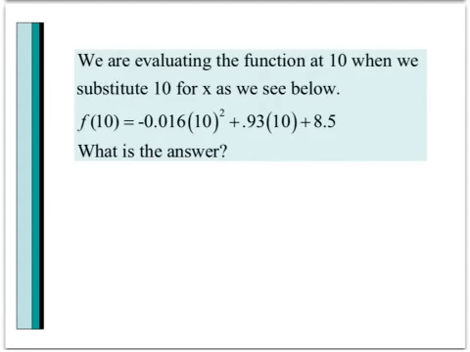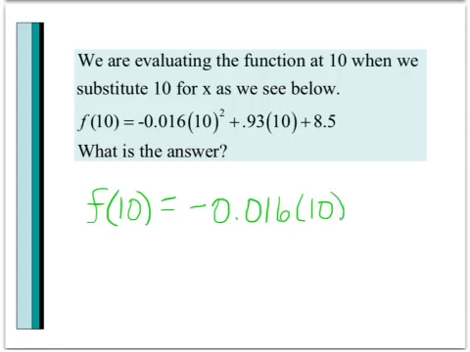So in this example here, we're going to evaluate the function at 10. So what that means is, we want to know what the function looks like at 10. There's a good example of where you say f of 10 or f at 10. Since we have a 10 here instead of an x, in the equation, we're going to put a 10 instead of x's. And that's what they did here.